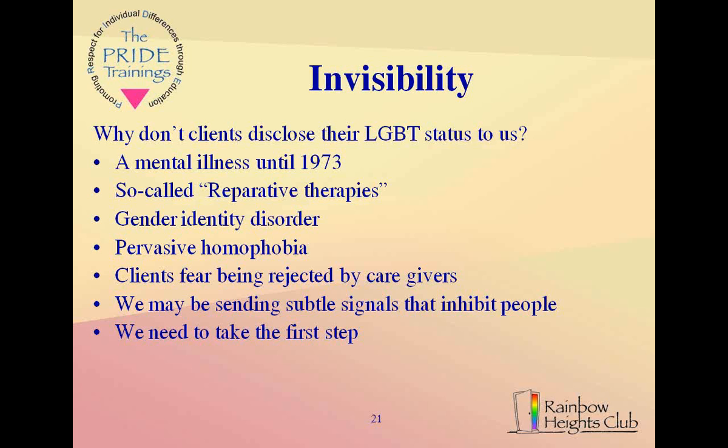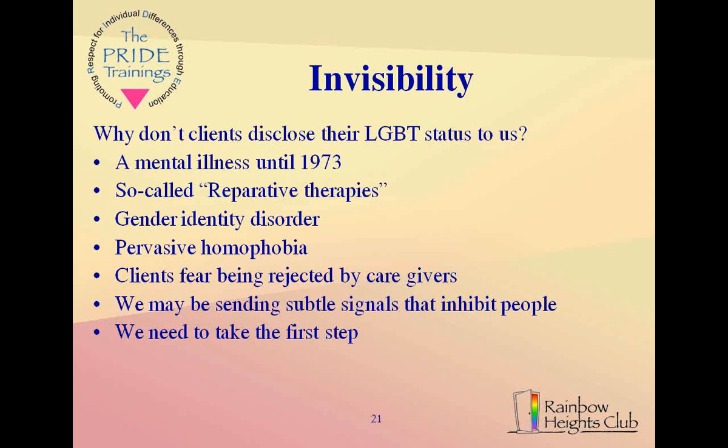So unless we take the first step and let our clients and our loved ones know that we want to affirm them and support them regardless of their sexuality, their sexual orientation, their gender identity, they're probably going to assume that we don't want to be supportive and affirming. Because clients and loved ones are very afraid of being rejected by you. They need you. They will do anything to keep your support. They will even keep secret from you the things that, if you knew about them, you could help them the most, just like Maria did with her first therapist.